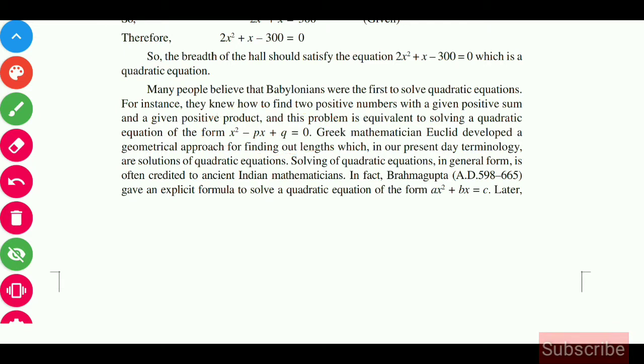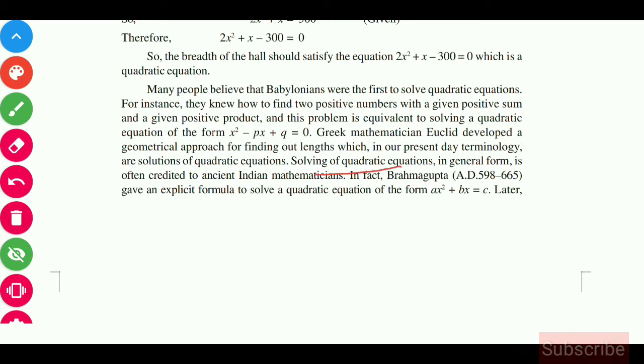The Greek mathematician Euclid developed a geometrical approach for finding lengths, which in our present day terminology are solutions of quadratic equations, that is, equations having degree 2.